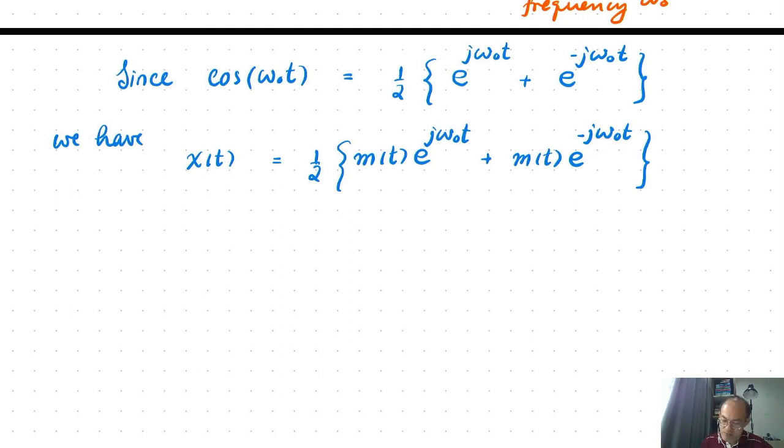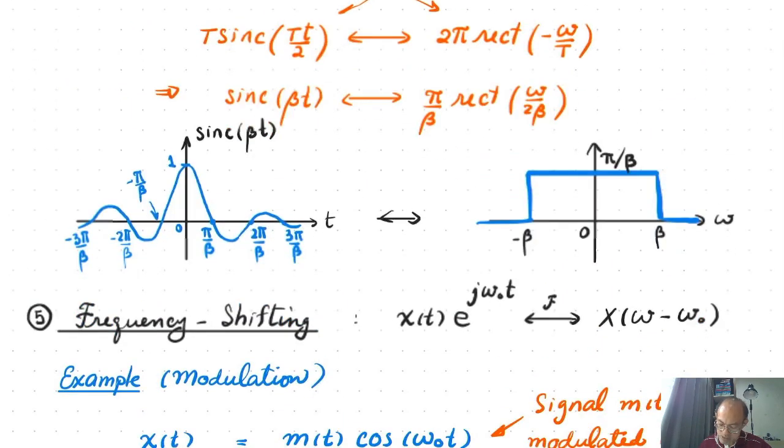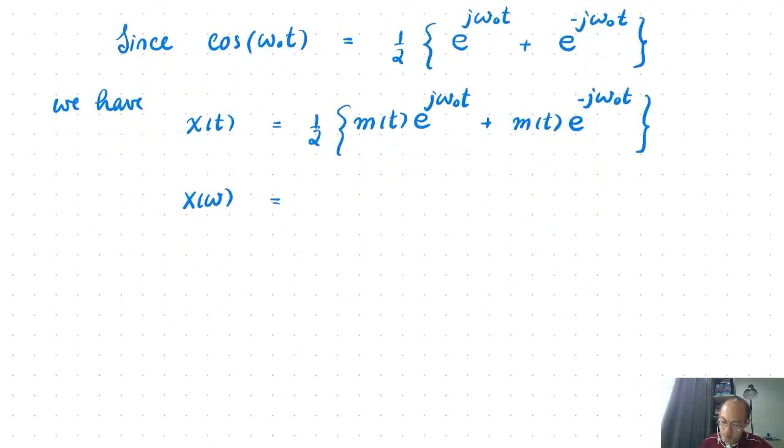So the spectrum of x, by the frequency shifting property, would be 1/2 of M of omega minus omega 0 plus M of omega plus omega 0.